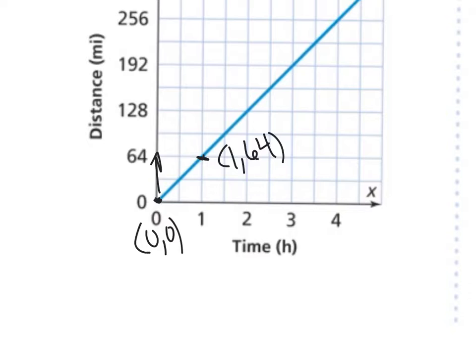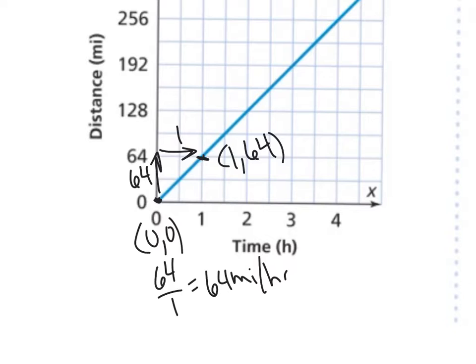Again, you could do like what we've done. We could say it's going up 64 and over 1. 64 divided by 1 is 64. Okay, so that's 64 miles per hour. This is car 1. And the question is, which one is traveling at a greater speed? 64 is more than 55, so car 1 would be the faster one. And again, we could write a sentence out just to make that a nice statement to finish off the problem.